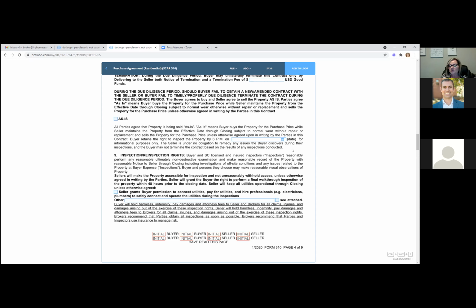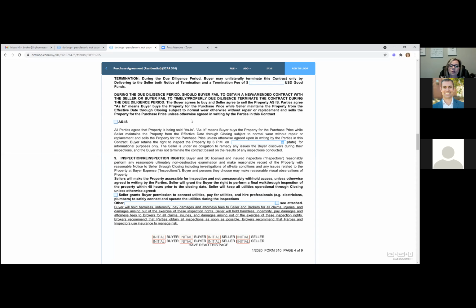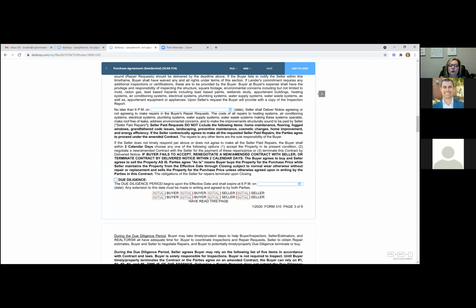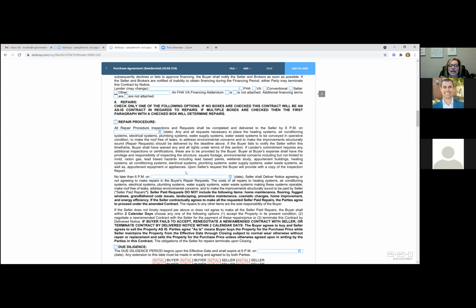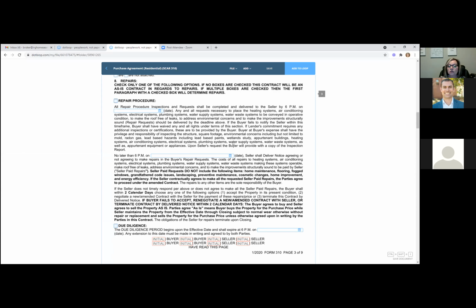If you're trying to win multiple offers and you want the cleanest, clearest contract possible to try and win, you want to use the repair addendum, and you just want to attach a blank addendum.